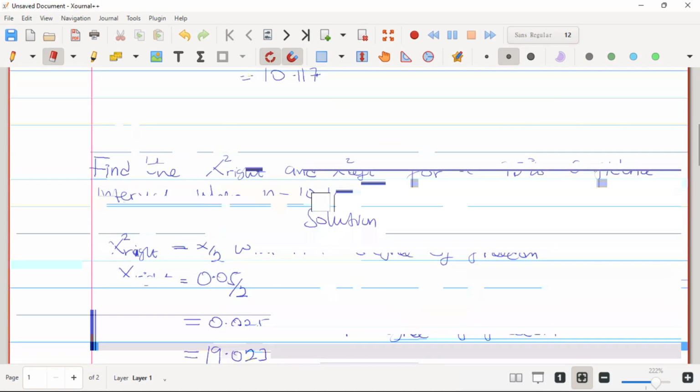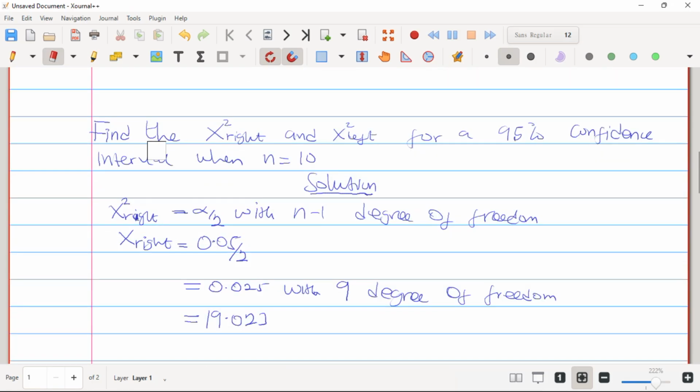So this is our second question. It reads, find the chi-square right and chi-square left for 95% confidence interval when our n is equal to 10, right? And we know that chi-square right is given as alpha divided by 2 with n minus 1 degrees of freedom.